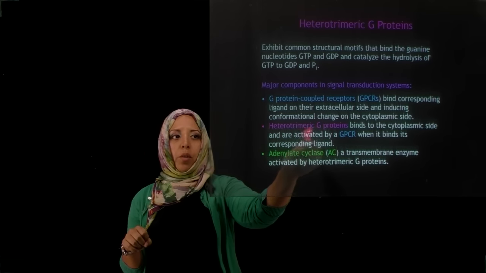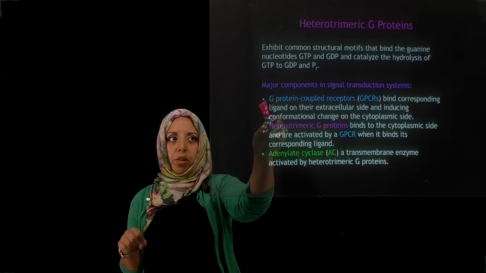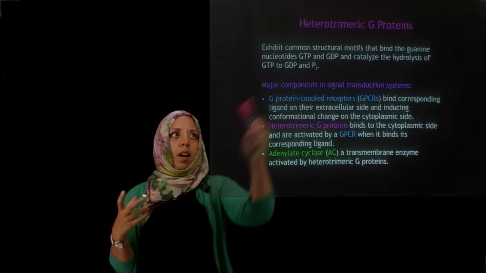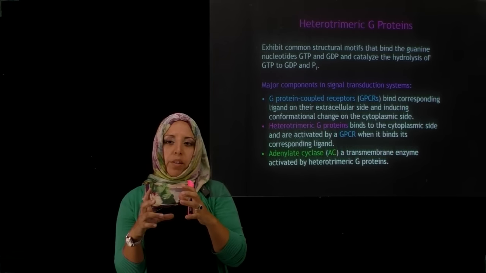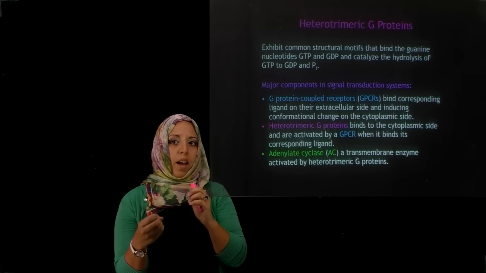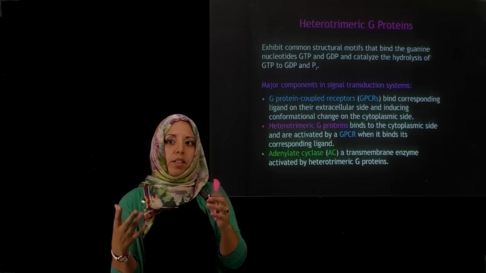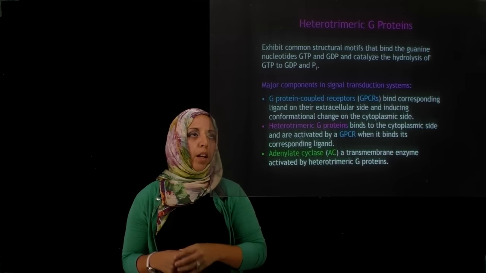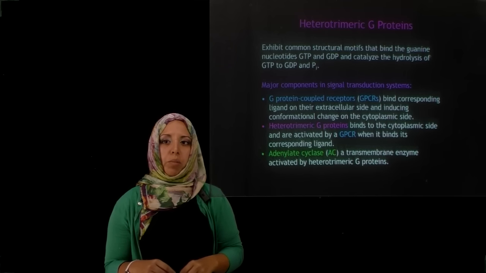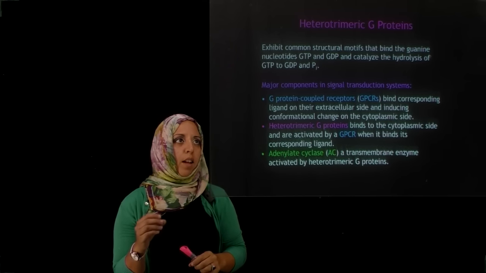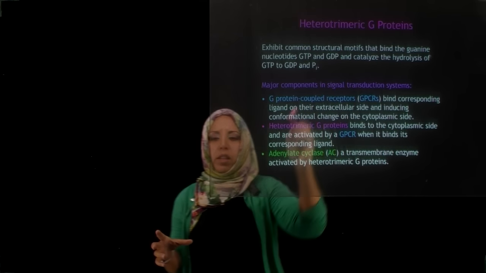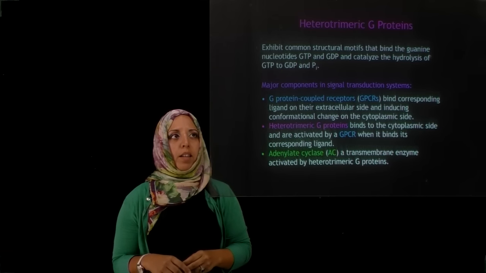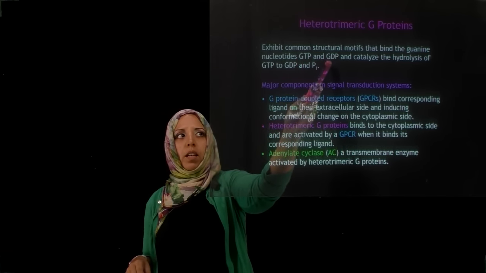It will trigger its binding to the receptor, the G protein-coupled receptor, and once it binds and activates, it's heterotrimeric, so one of its three subunits will dissociate and will in turn stimulate the activation of adenylate cyclase, which we'll talk about. And in general, those heterotrimeric G proteins have similar characteristics and similar structural motifs, and all of them also have a guanine nucleotide binding domain, both for GTP and GDP.